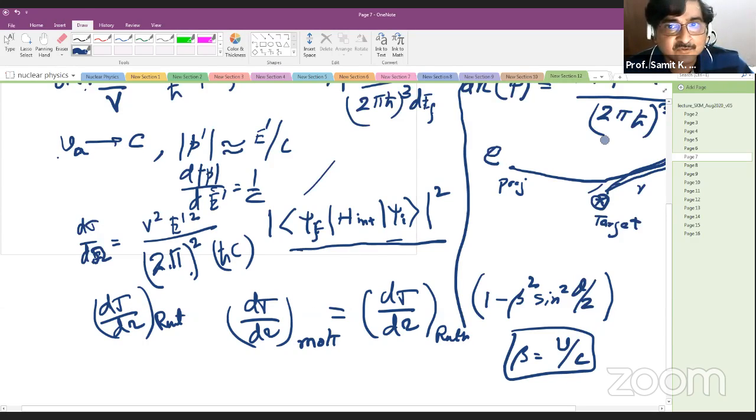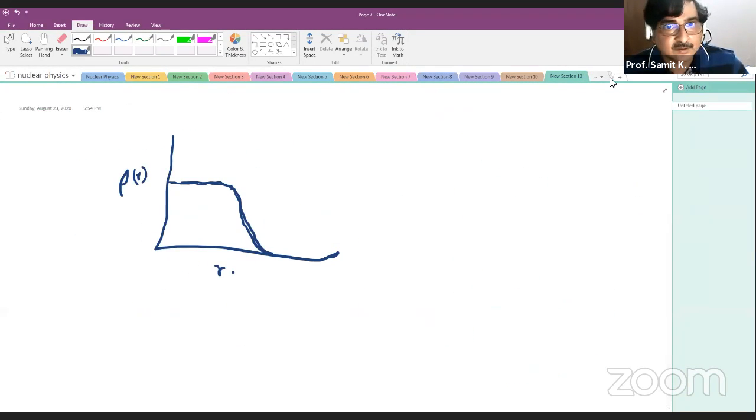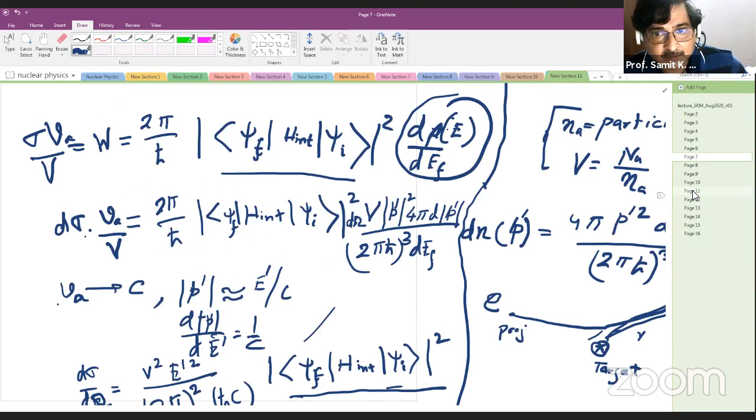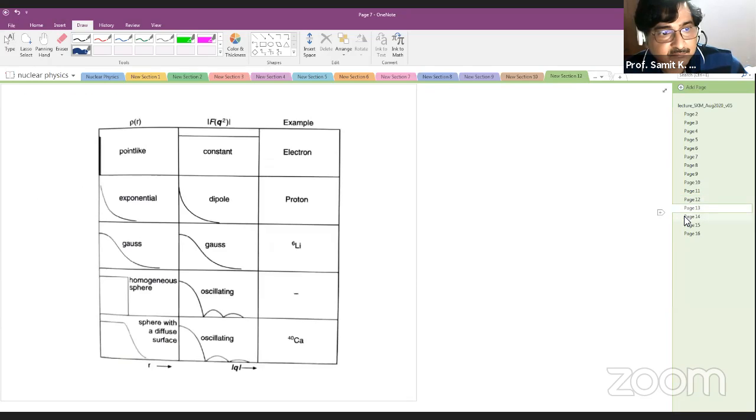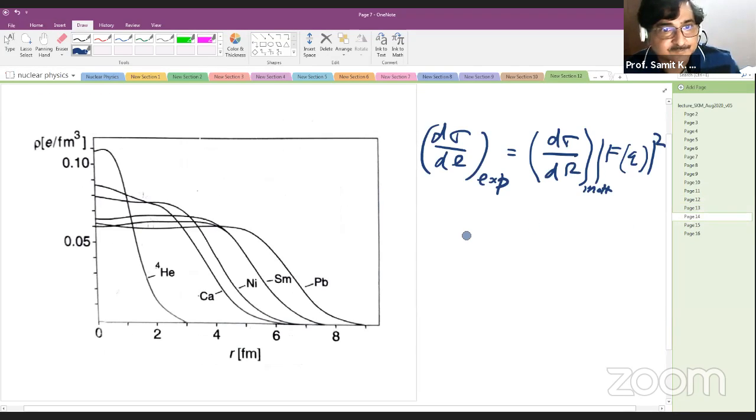Now, if you compare your scattering cross section with the Mott scattering cross section, you calculate the Mott cross section the way I mentioned, and then compare with the experimental cross section.